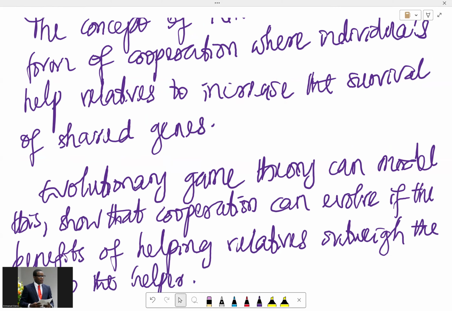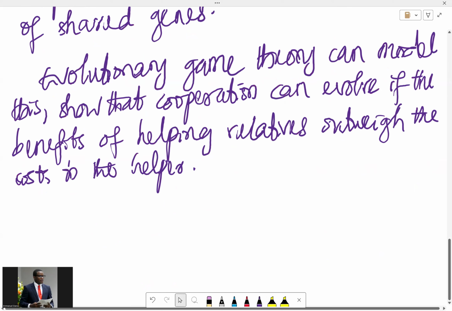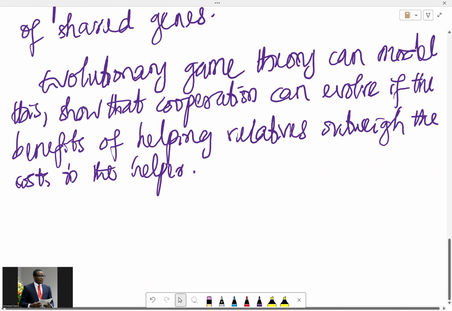So we can see altruism happening if it yields a good result for everybody involved.